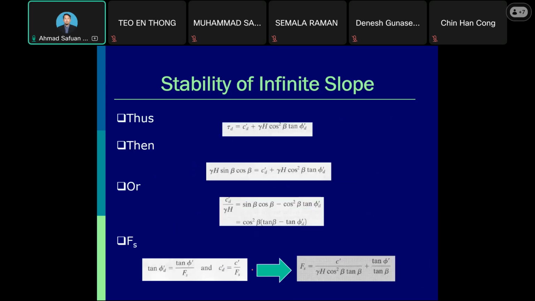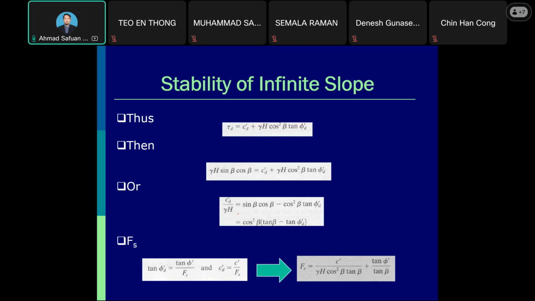So what should we do? Then we do some rearrangement, where CD over gamma H is equal to sine beta cos beta minus cos square beta tangent phi, then it becomes cos square beta times tangent beta minus tangent phi.